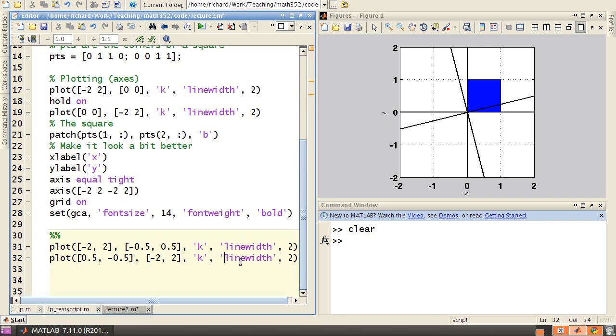So let's draw those new axes on here. Here's a new set of orthogonal directions, with a new x direction along here, and a new y direction along here. I might want to know what are the coordinates of my square in that basis.